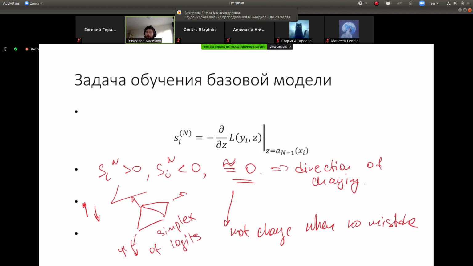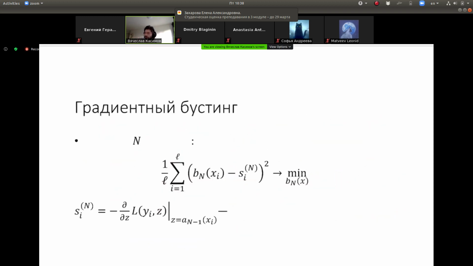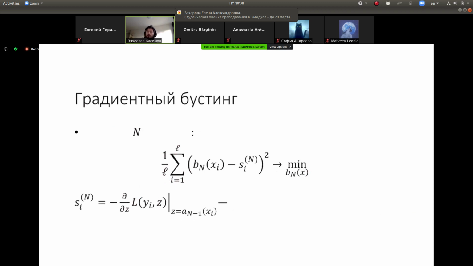But for intuition, it's just modifying the decision boundary, making the margin less or bigger on other objects.